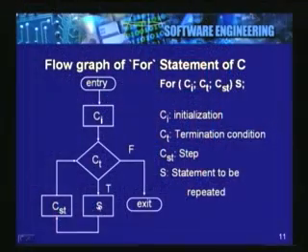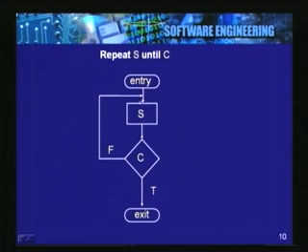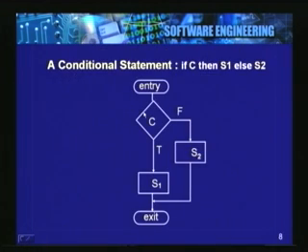So again we repeat that all these statements can be clubbed together using your sequential statement or using these. So any of these statements which we have seen can be your S square blocks. For example, this S could be an if then else statement or another for statement. Similarly, in your repeat until, this S could be a for statement, or in your condition these statements could be other single entry, single exit forms.